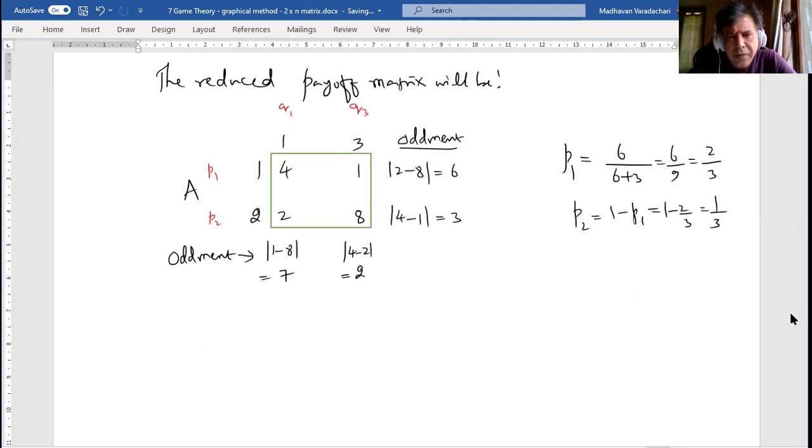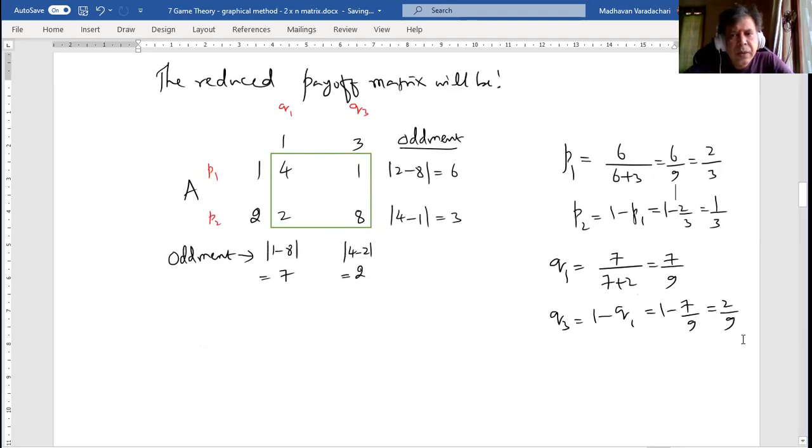Same way, we can find out Q1, which is the corresponding oddment, 7, over the sum of the column oddments, 7 plus 2. So it is 7 by 9. So Q3 is nothing but 1 minus Q1, which is 1 minus 7 by 9. That will become 2 by 9. So we got the probabilities.